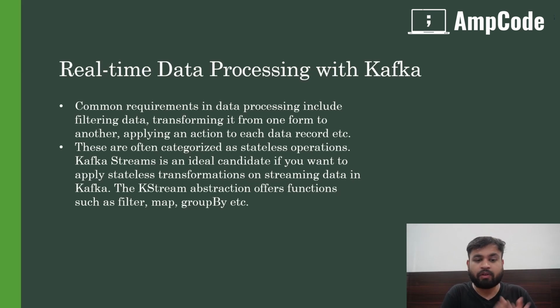We know about the filter operation, the map, the group by, everything we have seen in the previous tutorials and hands-on lectures. So we can process the data using Kafka Streams, which we are going to see in our hands-on tutorial. We'll get our hands dirty and write an end-to-end simple application which utilizes Kafka and connects to different sources as well as sinks.